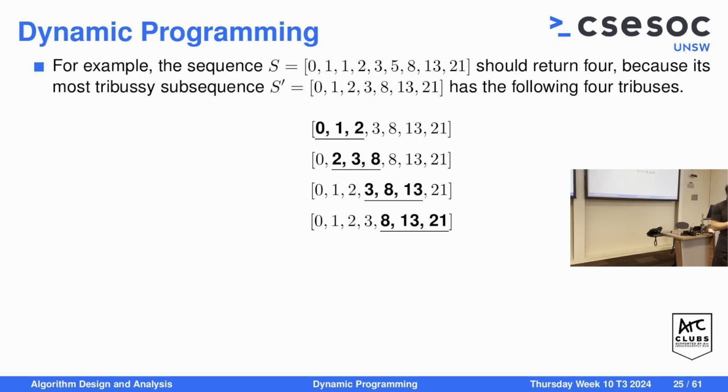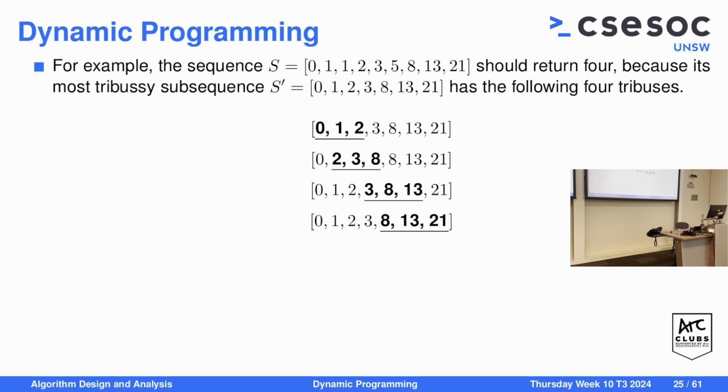So I think for the sub-problem, the DP of I, J, which would be... is this counting the possibility? Yeah, we only need to know the maximum number. Yeah.